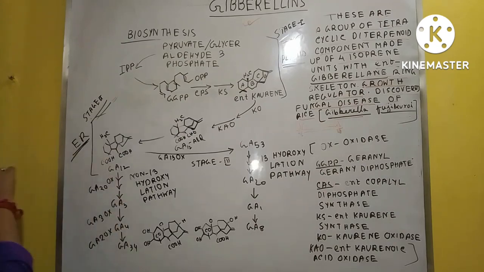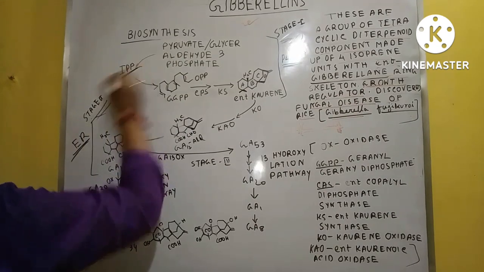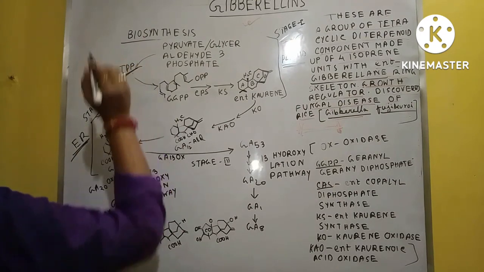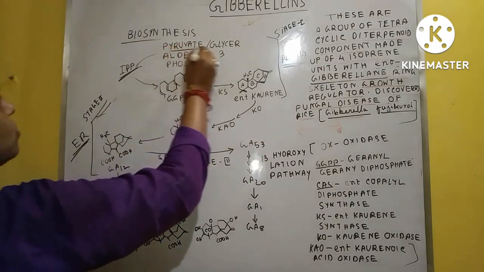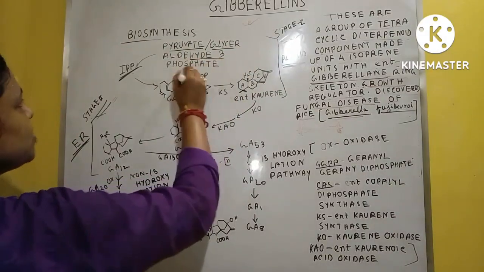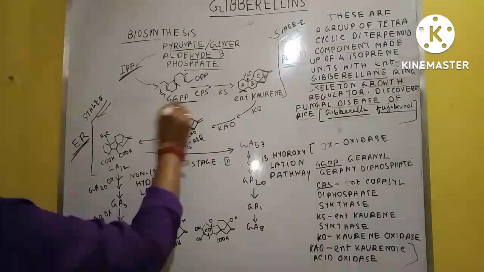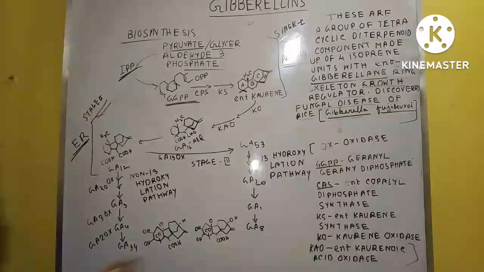What is IPP? IPP means isoprene unit. The isoprene unit is released from pyruvate or glyceraldehyde 3-phosphate, and then it converts to GGPP. What is GGPP?